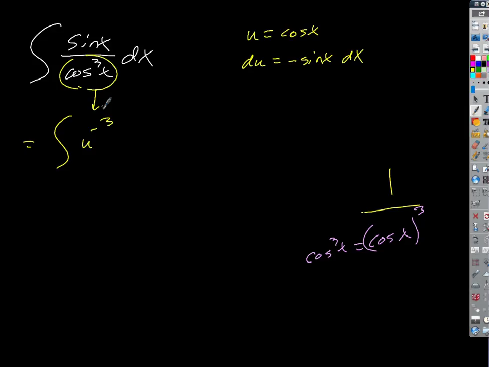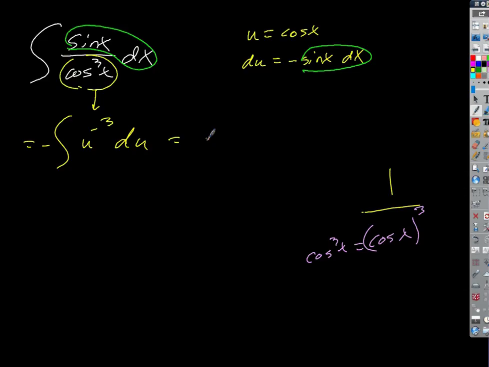And now what about this other part here? We've got a sine x dx. What is that in terms of du? Negative du. So where's the negative go? In front, yeah, it's a constant. Okay, so what's that give us? The negative will actually cancel, won't it?